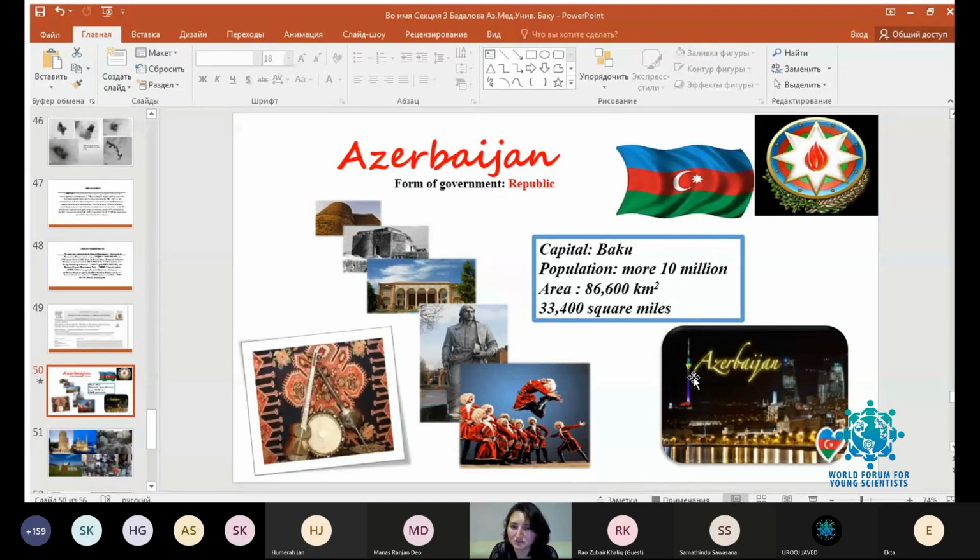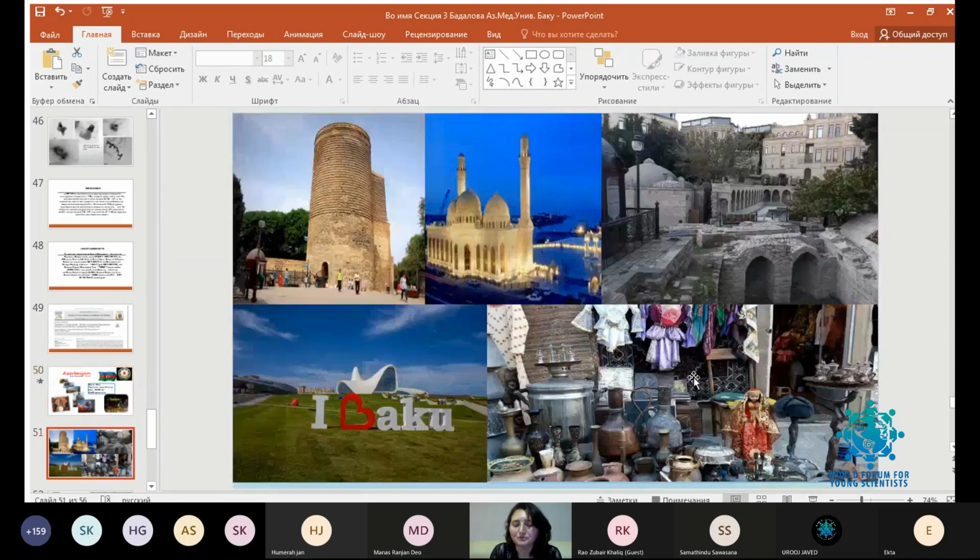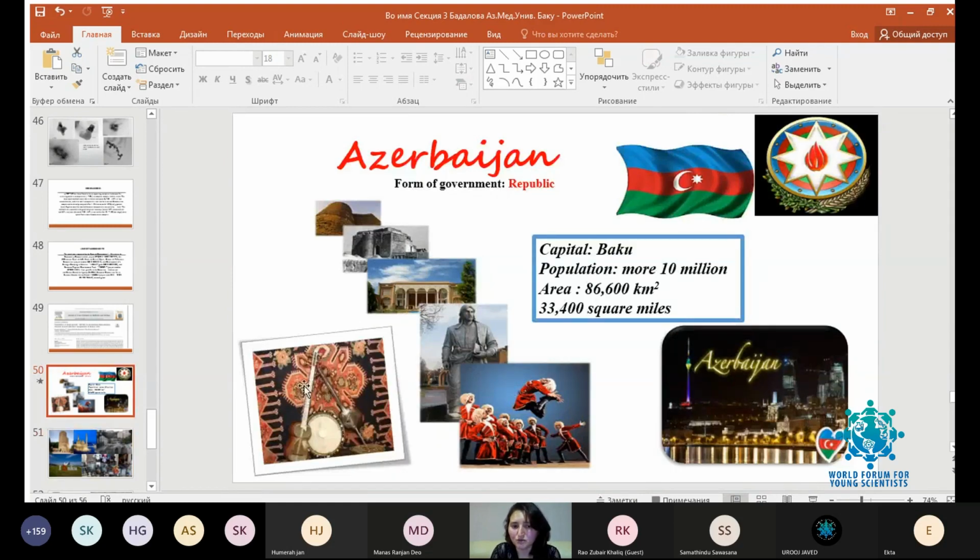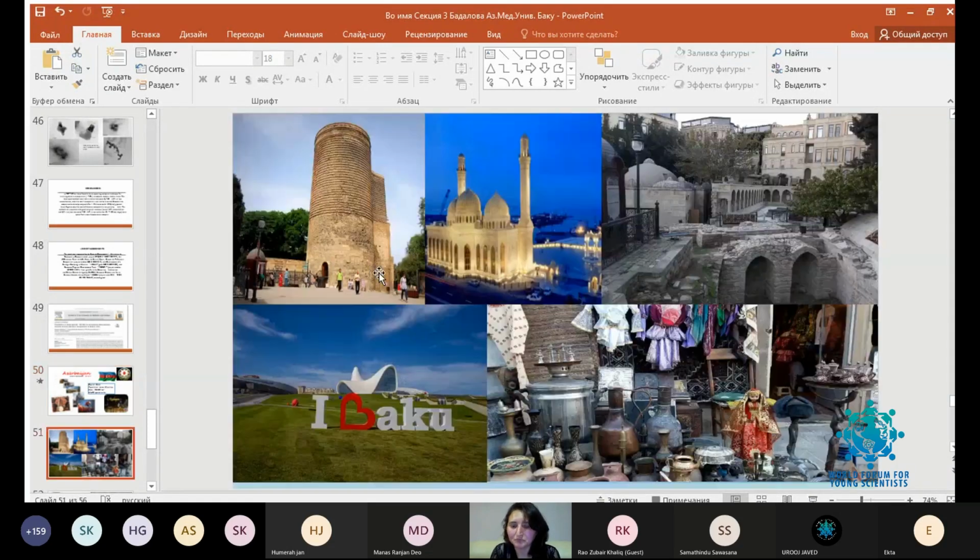You know that my country is Azerbaijan, where the government form is a republic, and Baku is the capital, with a population of more than 10 million and an area of 86,600 square kilometers. This is our national dance, our national instruments, and our historical monuments, such as the Maiden Tower and this mosque.